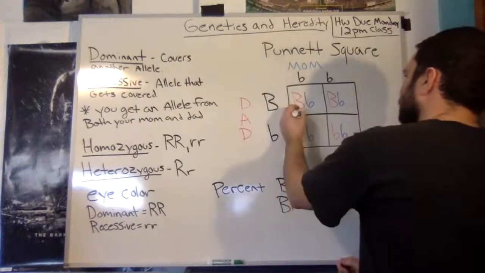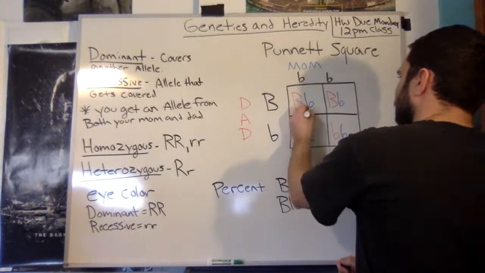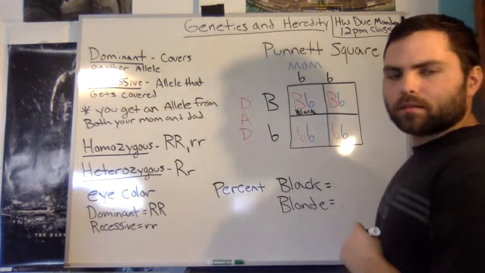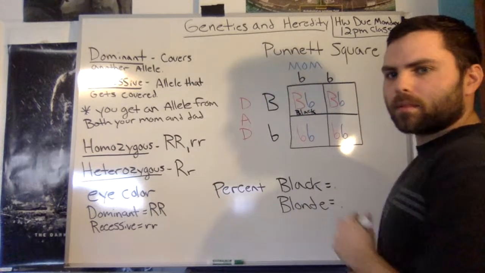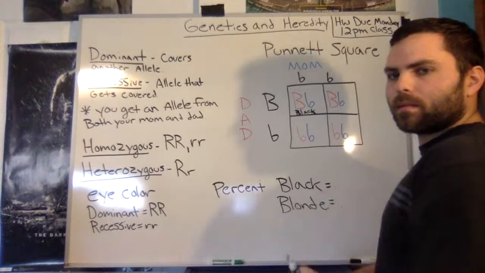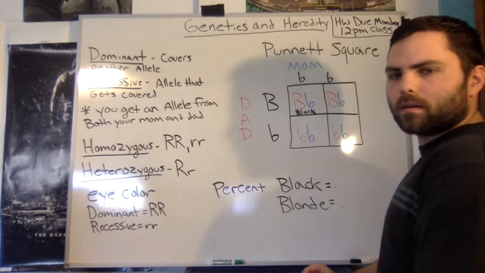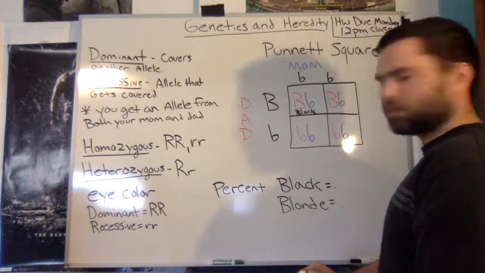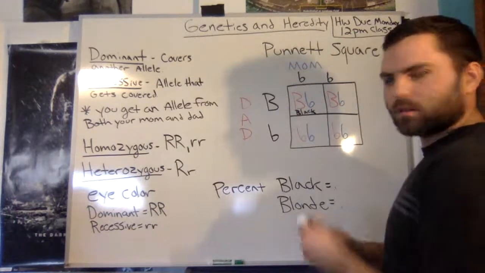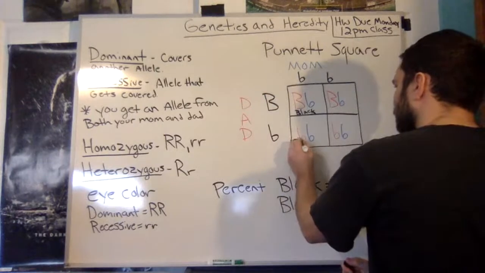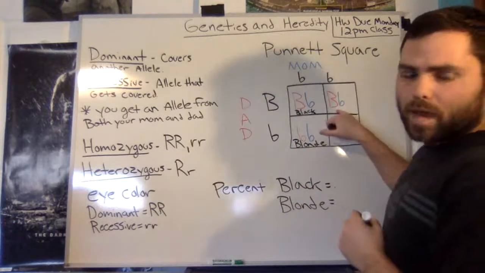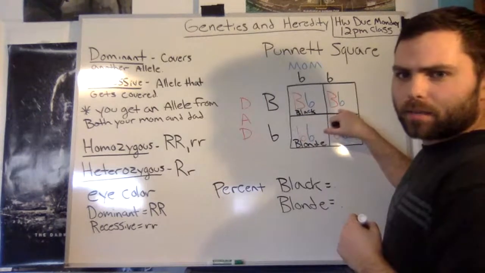Black, good. What if I go down? I got two lowercase b's. What's that going to give me? Blonde, good. Now let's go across. Got uppercase B, lowercase b. What's that going to give me?